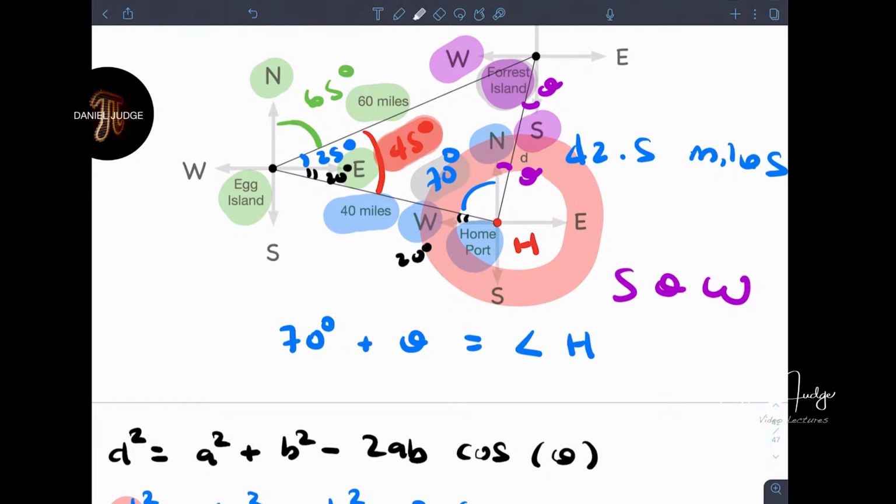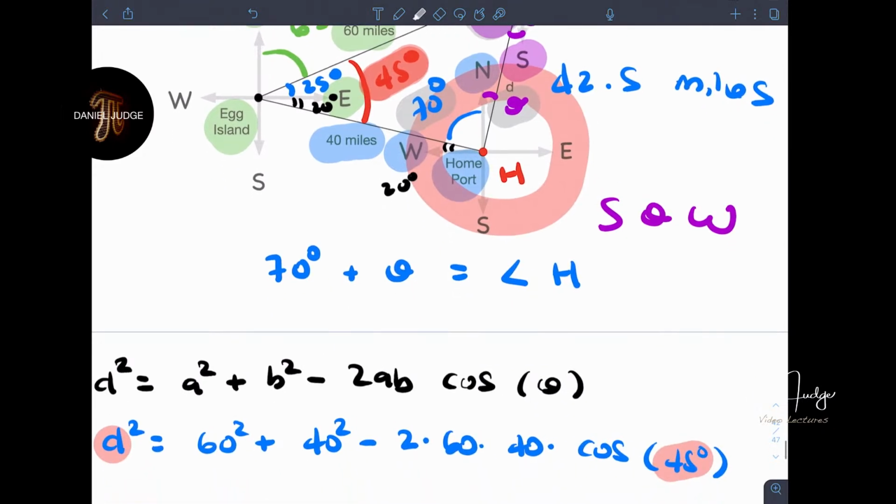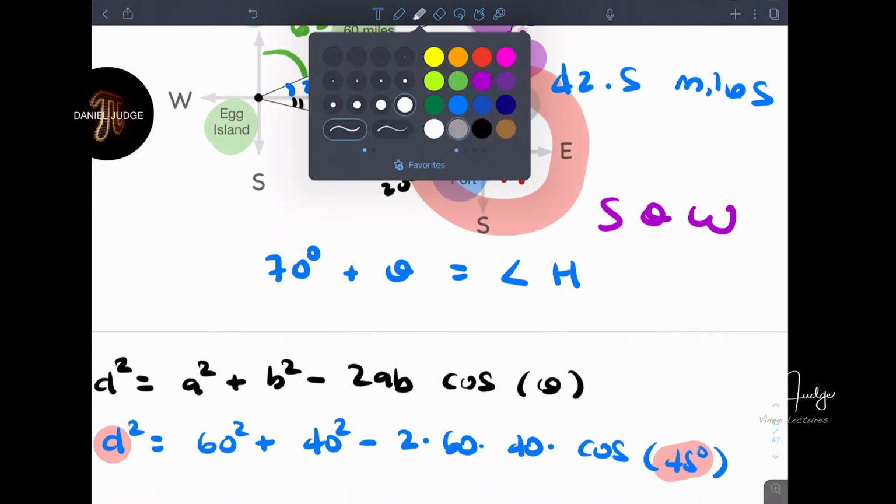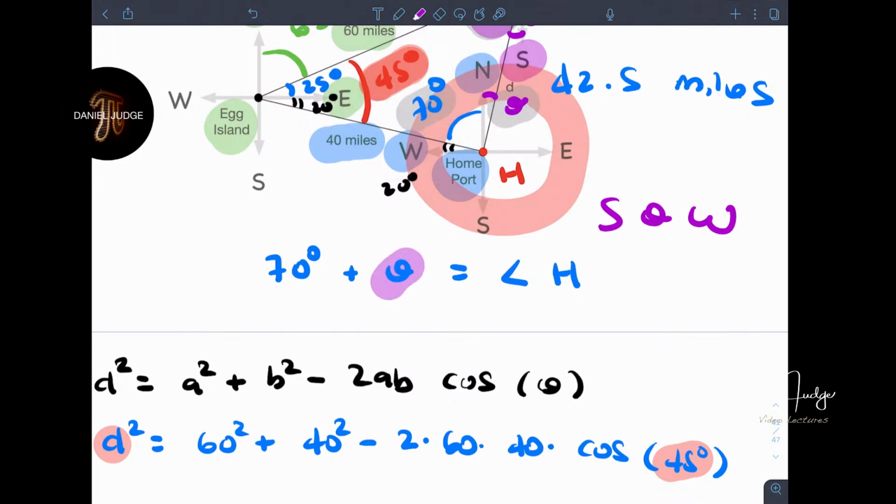The 70 plus theta is angle H, which means the theta angle that I'm looking for in purple is equal to angle H minus 70 degrees. So that's what I'm trying to find, ladies and gentlemen. That's the key.